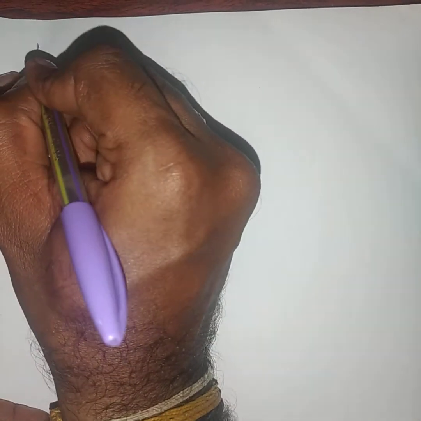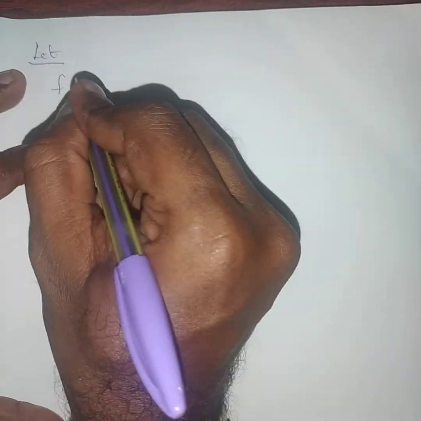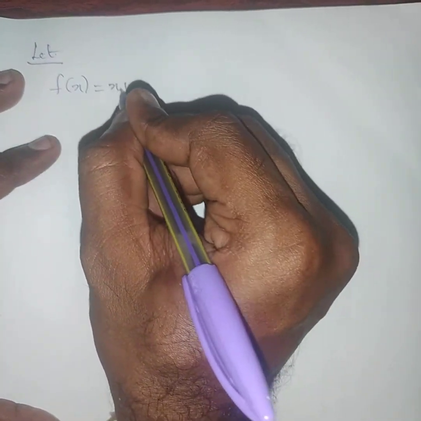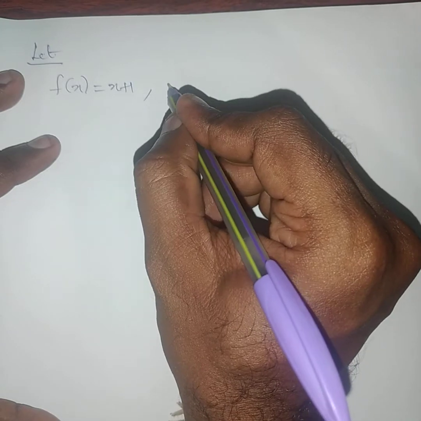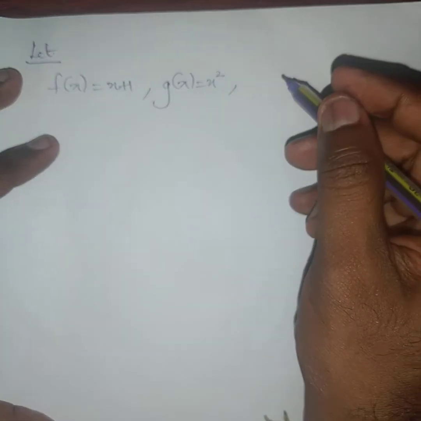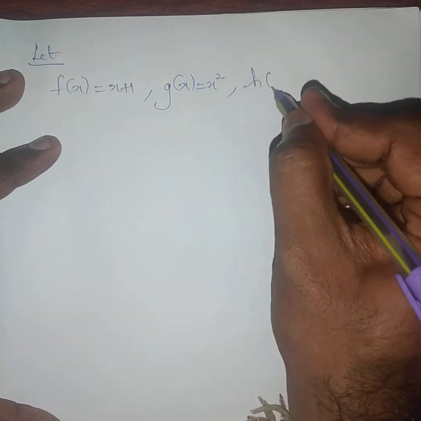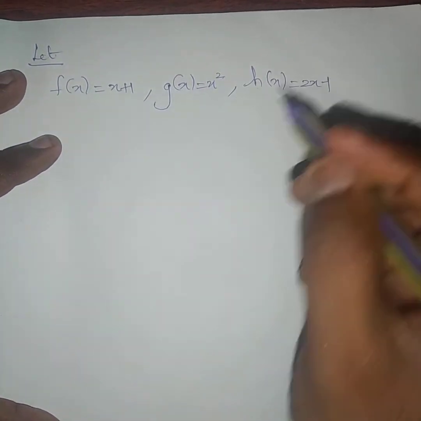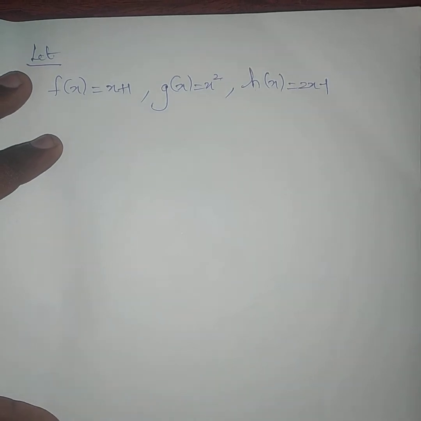Let f of x is equal to x plus 1, g of x is equal to x square, and h of x is equal to 2x minus 1. This is just one assumption.